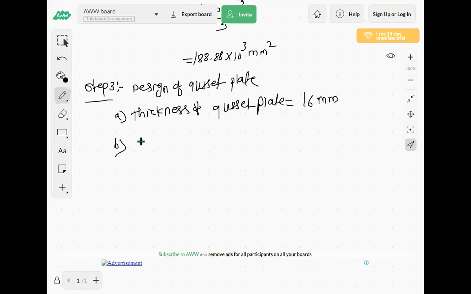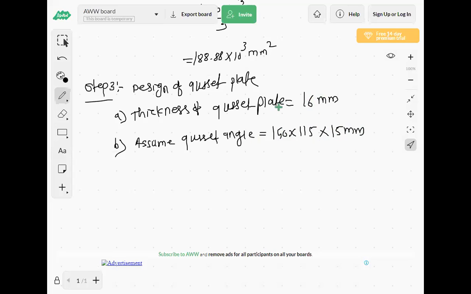So we have to assume the gusset angle. That gusset angle we have to take from the steel table. Generally for the gusset angle, as I told you, the big depth or width of the section should be there. So here we will assume 150 by 115 by 15 mm. I think 16 mm angle is not available.